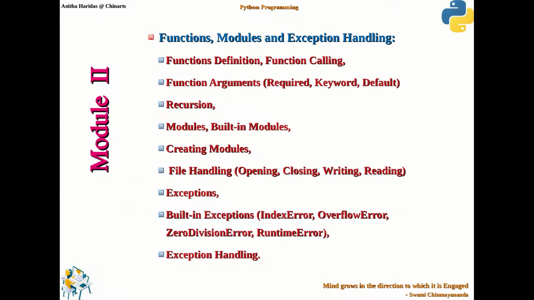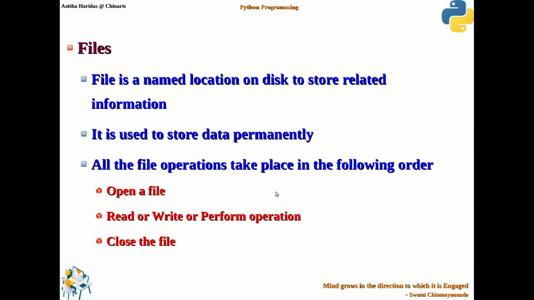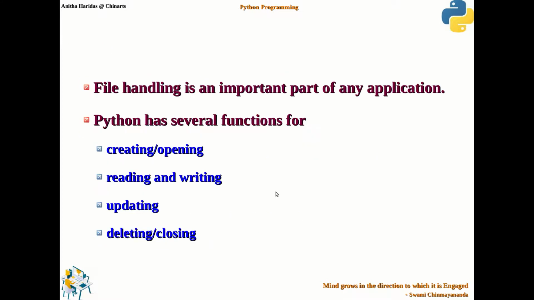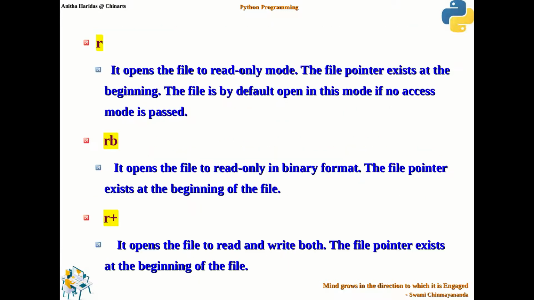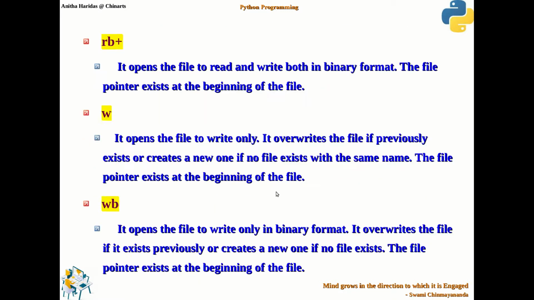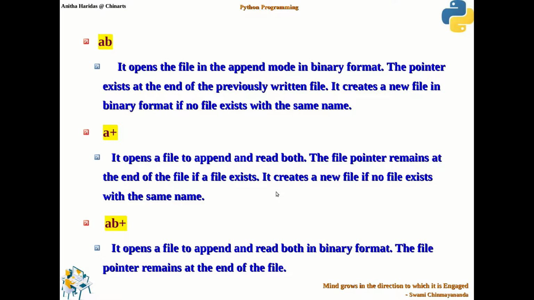We are currently in module 2 and we had already discussed functions and modules, and we are currently talking about file handling, in which we had already covered what a file is, what the different operations that can be performed on a file are, how to open a file, what the different access modes of file opening are.